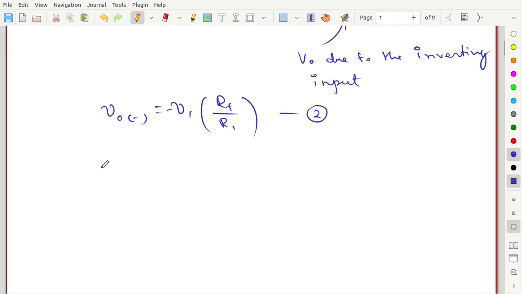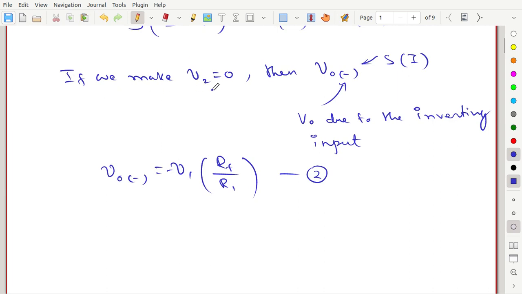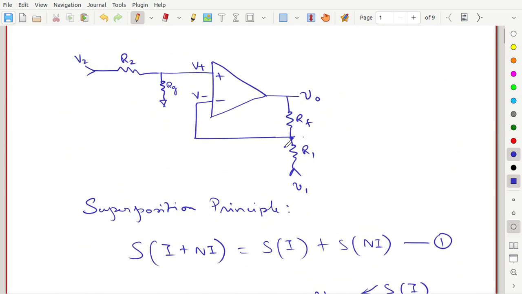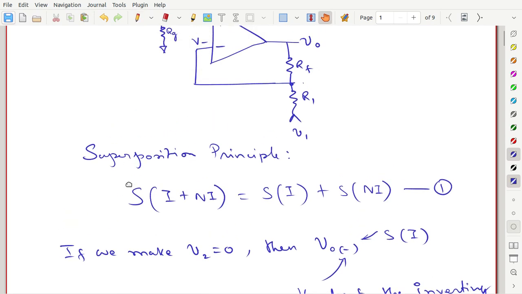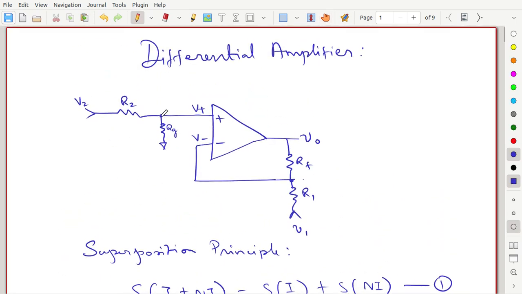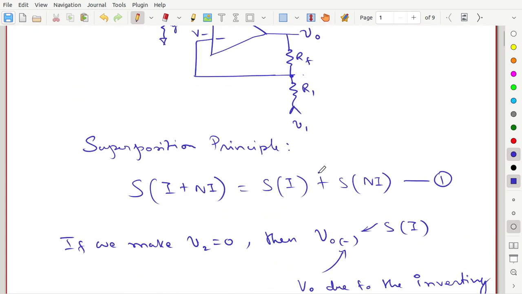Next we make V1 grounded, so we ground this part and give input to this part. Before solving this, we have to know what the voltage at this point is. The voltage at this point is nothing but V plus.